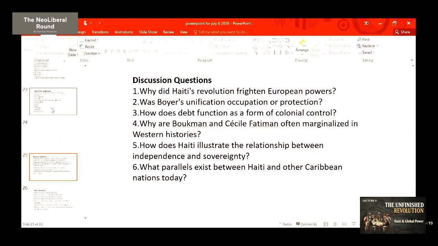Cuba, Venezuela, Jamaica, and Haiti reveal the same imperial logic. By the way, I wanted to make the point about Burkina Faso, but I don't have time to talk about Burkina Faso and how they're doing it without foreign intervention. Anyways, Cuba, Venezuela, Jamaica, and Haiti reveal the same imperial logic.